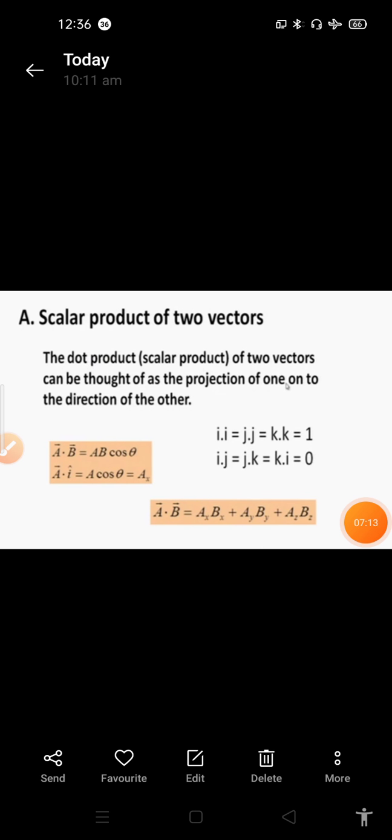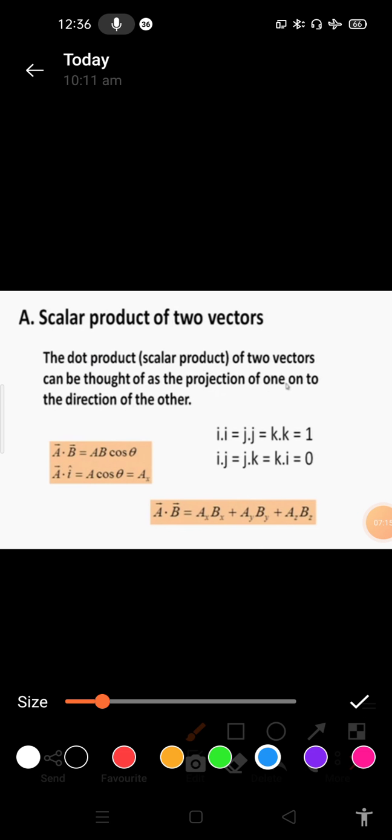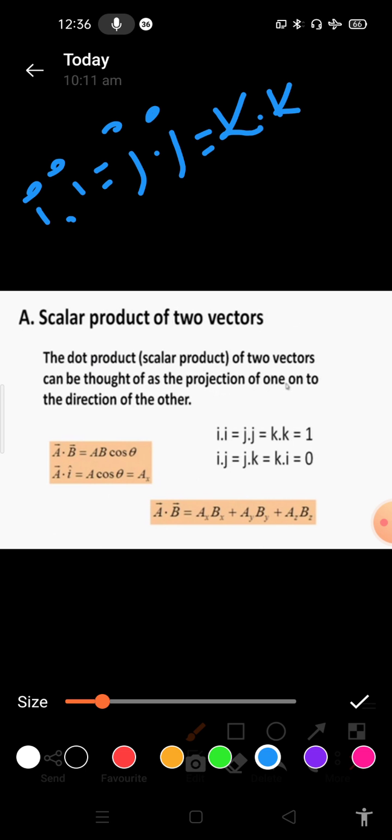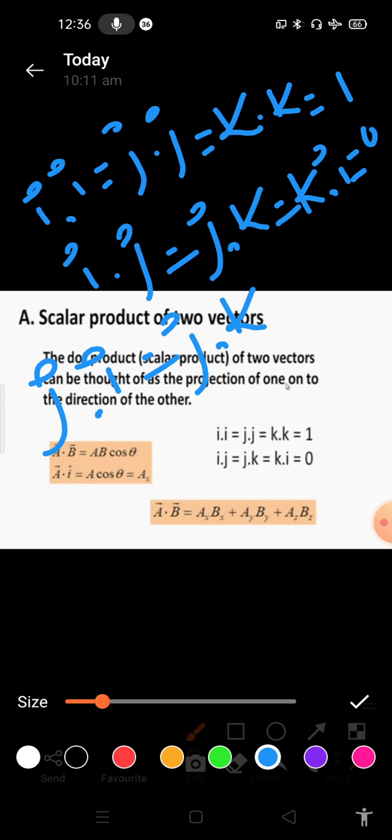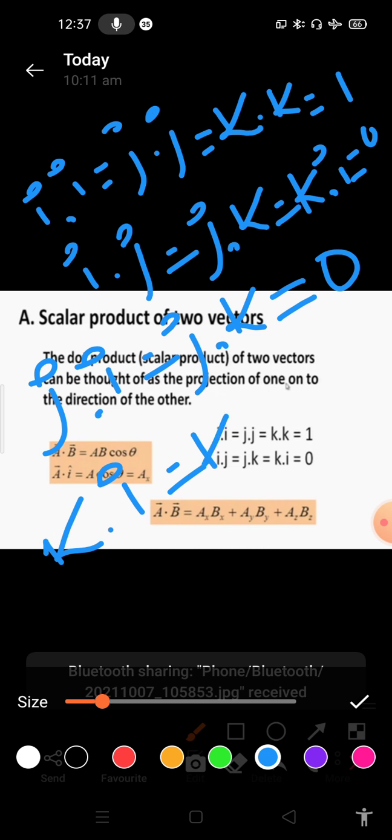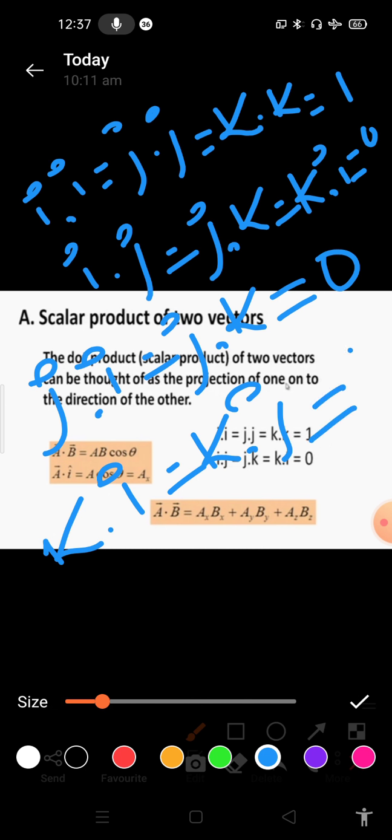Other than similar ones, ij, jk, ki, means i dot j, j dot k, k dot i, all 0. And j dot i, j dot k, all the values are 0, and k dot i, k dot j, all the values are 0, like this.